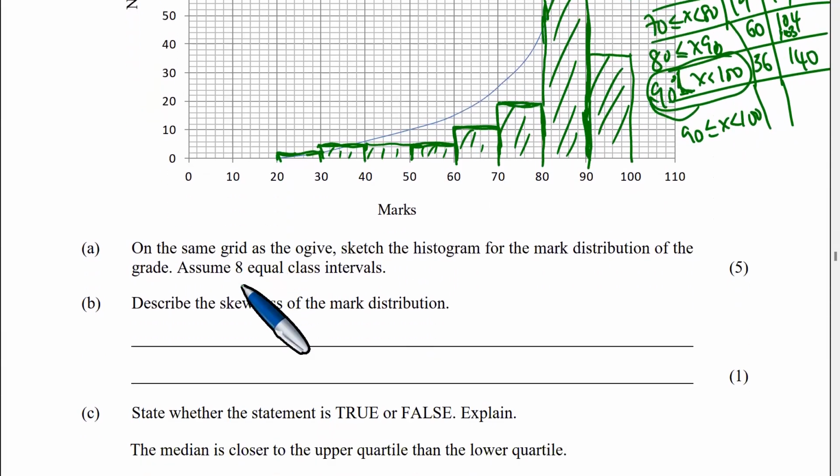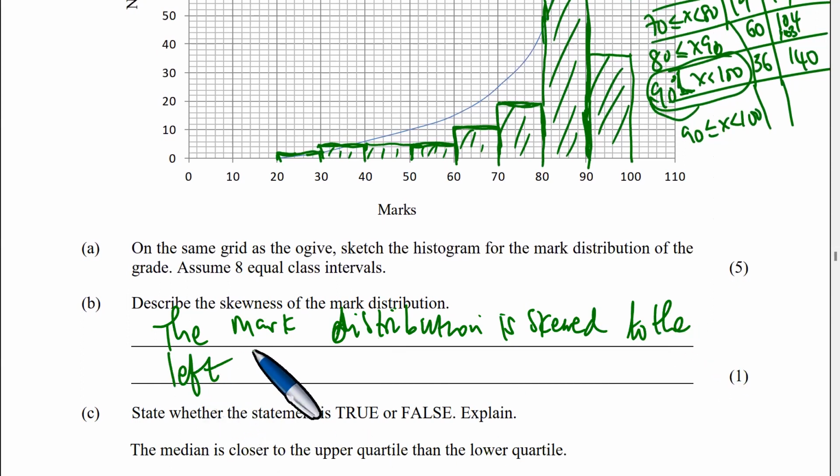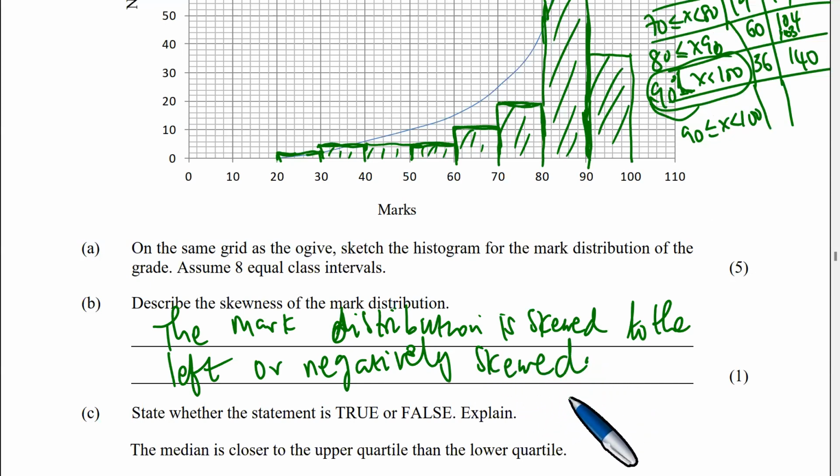Since it's flatter towards the left, we say the mark distribution is skewed to the left, or is negatively skewed. The mark distribution is skewed to the left or negatively skewed.